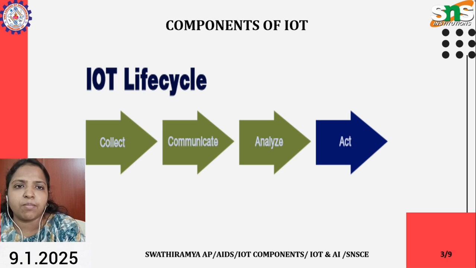So they need the help of connectivity and the support of software. And these devices have to collect the data from the real-time environment, so we need embedding and also sensors. That is the reason the devices should support software and network connectivity, which will help us fulfill the goal of IoT.